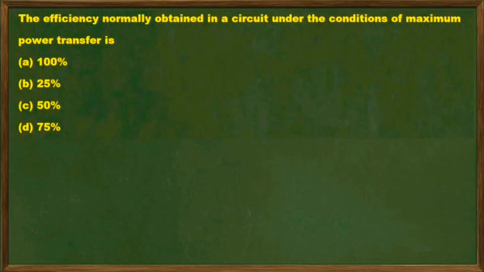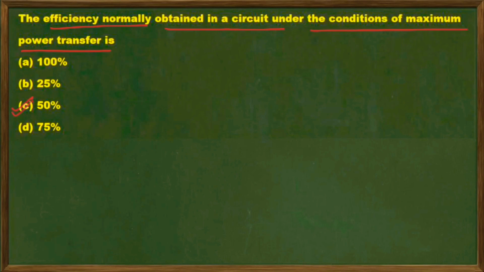In this question it is asking what the normal efficiency obtained in a circuit under the condition of maximum power transfer is. In the last class we derived the efficiency of a circuit obeying the maximum power transfer theorem. That is 50%.